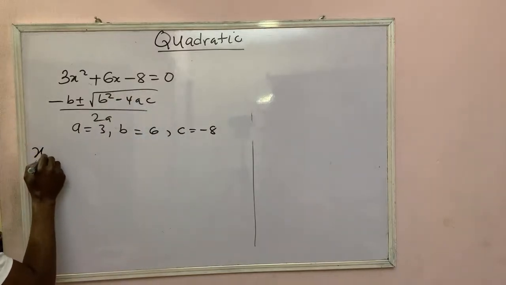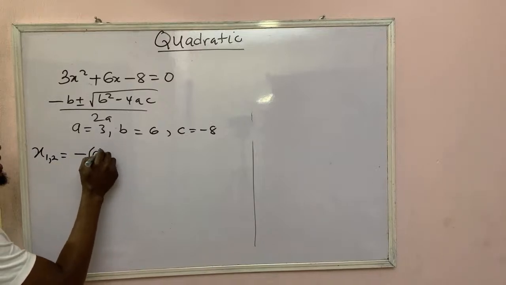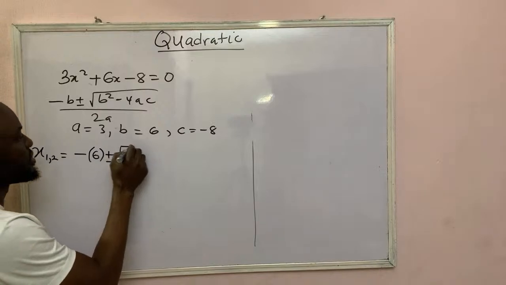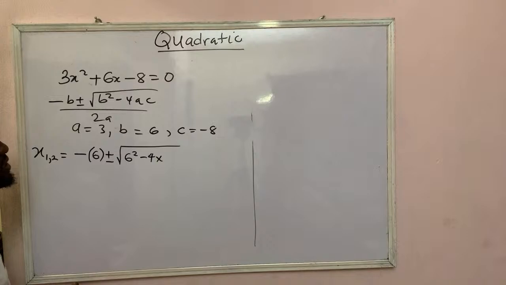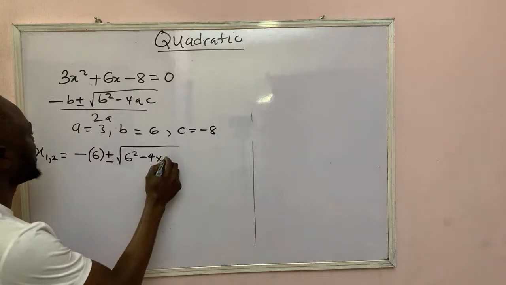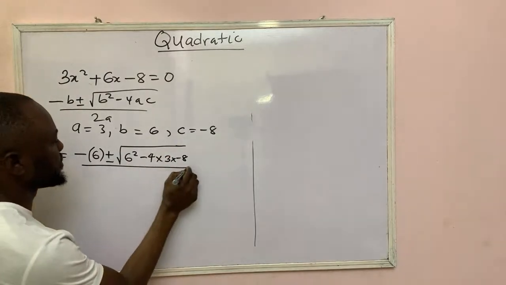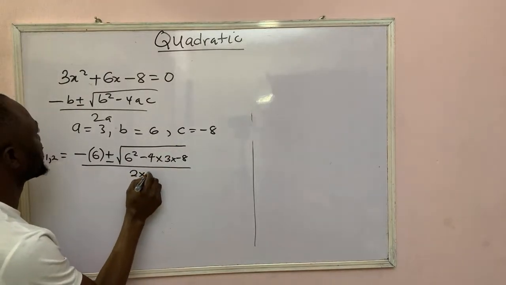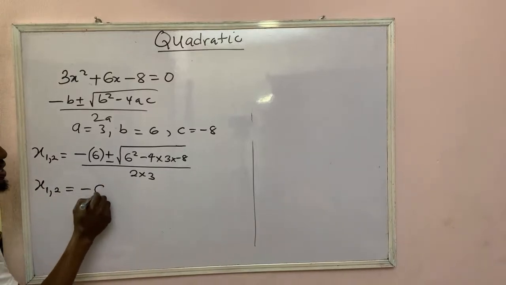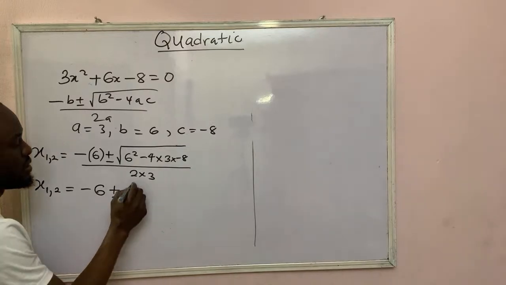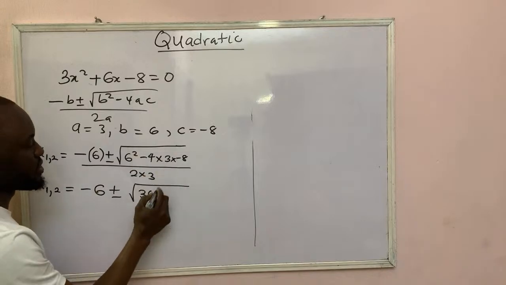So I can say x1, 2 will be minus (-6) plus or minus the square root of (-6) squared minus 4 times a, which is 3, times -8, all over 2 times 3. So x1, 2 will be 6 plus or minus the square root of, this is 36, then minus times minus is plus.